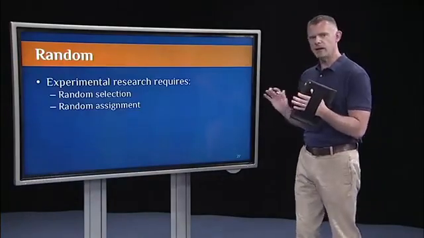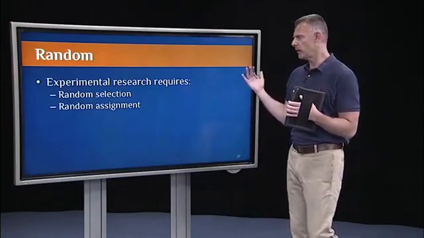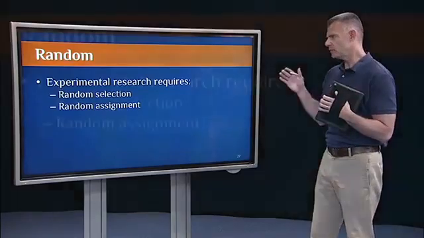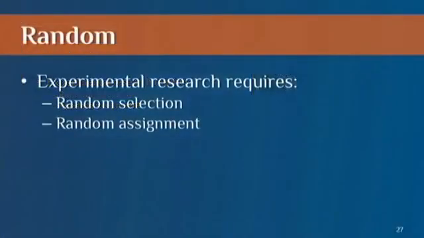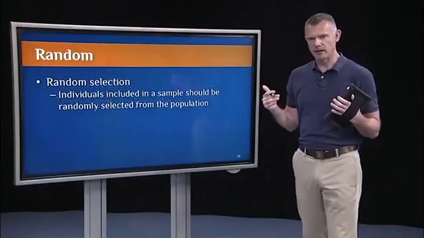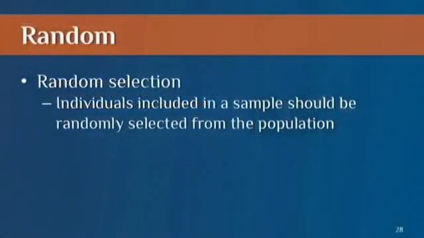So, as mentioned in the first 2 segments of lecture 1, experimental research critically depends upon random selection and random assignment. So, what do we mean by those? Random selection means that individuals included in a sample should be randomly selected from the population.